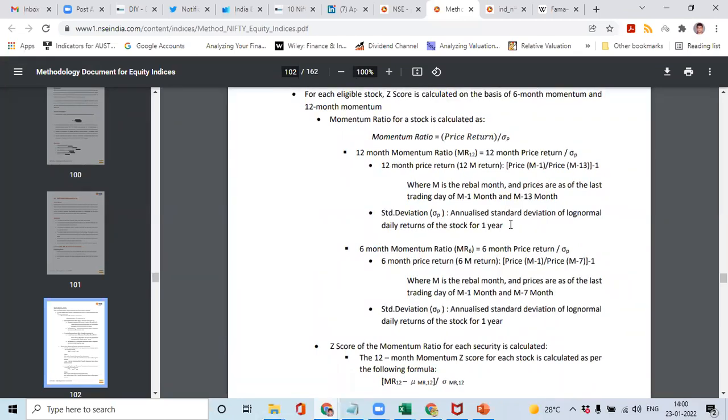Let's do exactly what he has done. I'm deviating on only one point from the NSE methodology. They use daily price data. I'm using only monthly price data, right?